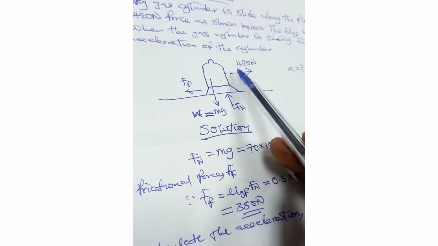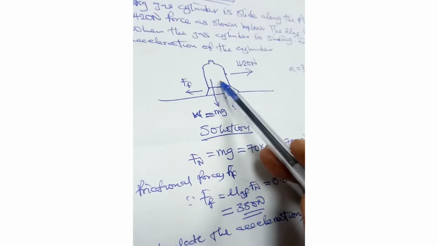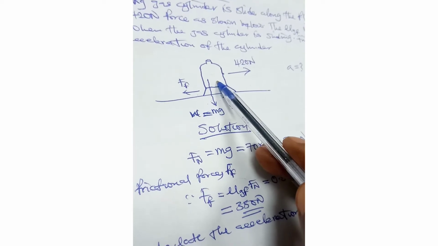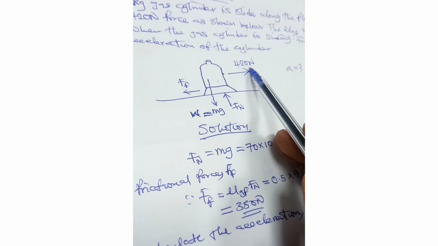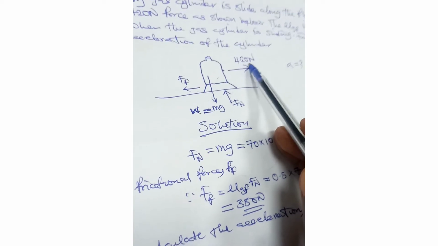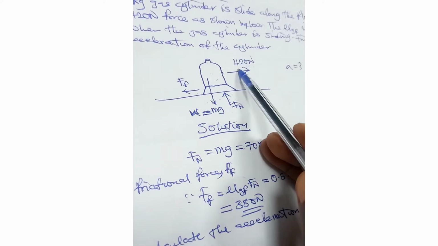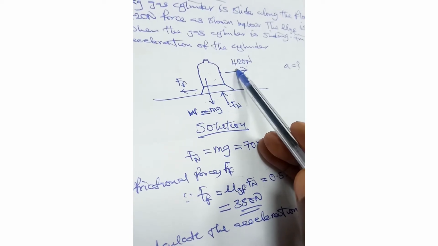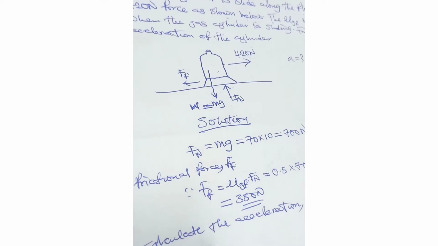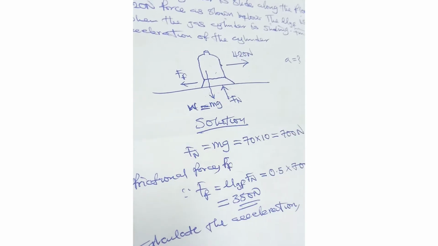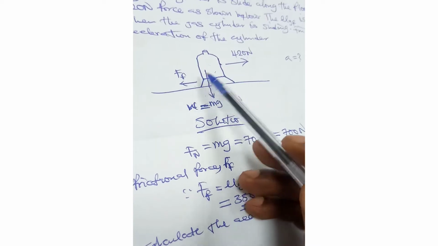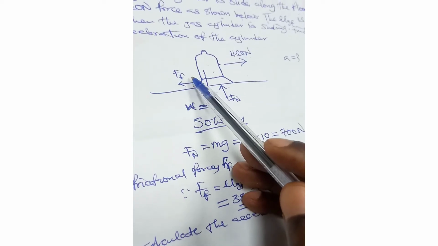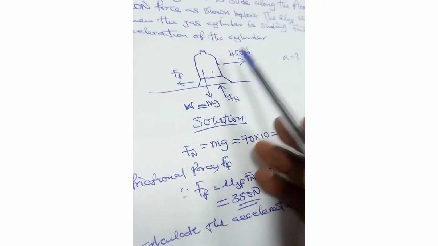So for this force to cause this object to move, it means the frictional force is less than the force being applied. Therefore, in the sliding motion, two forces act on it, and this one is less than this one.